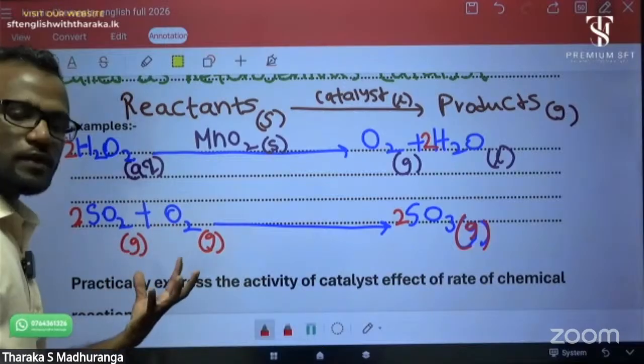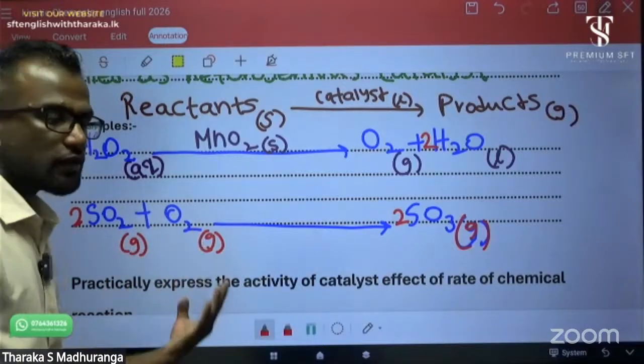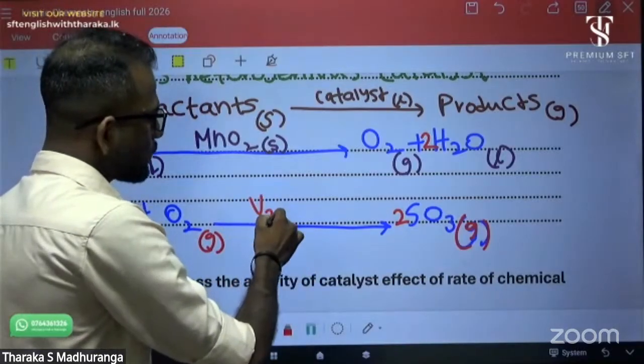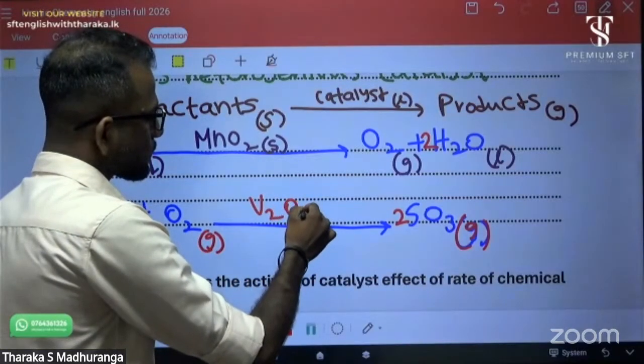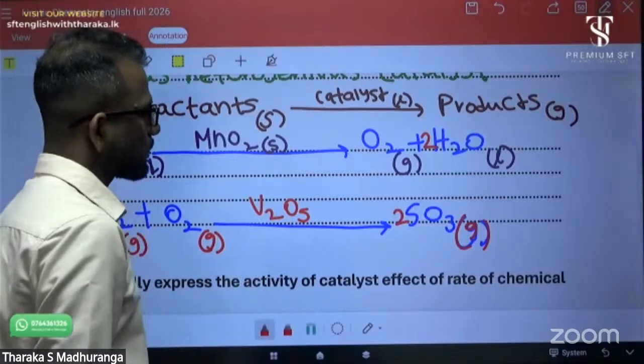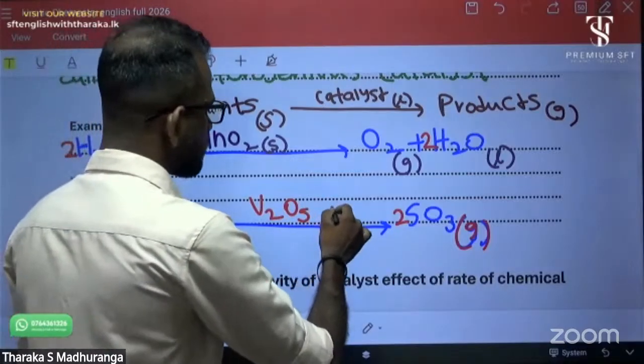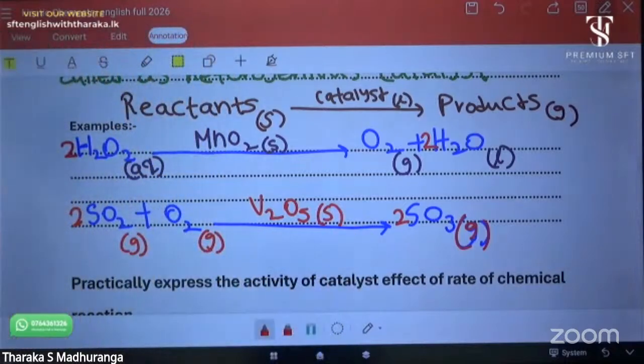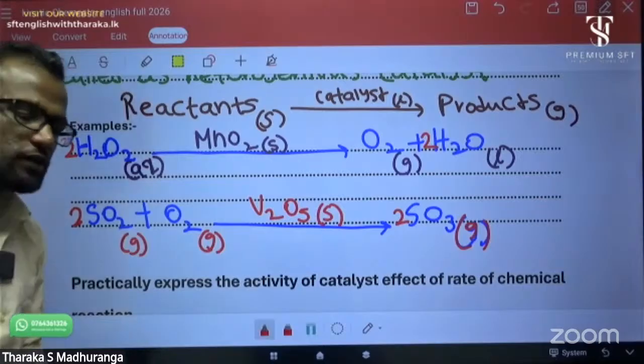Now the same chemical reaction you can accelerate, or increase the rate of reaction, by adding V2O5. It's a solid. What's the name of that?